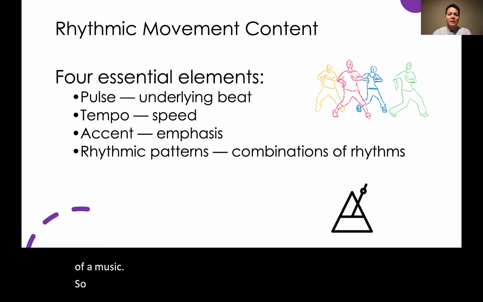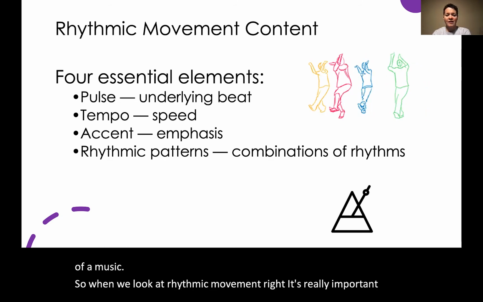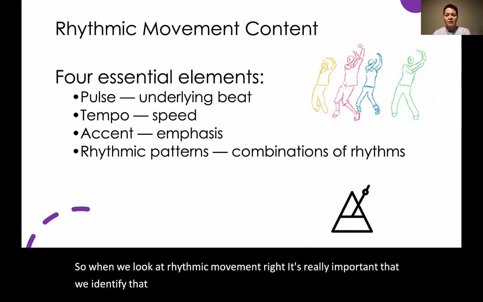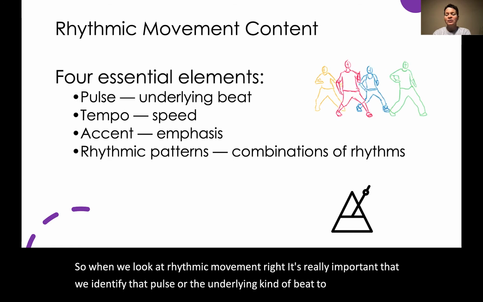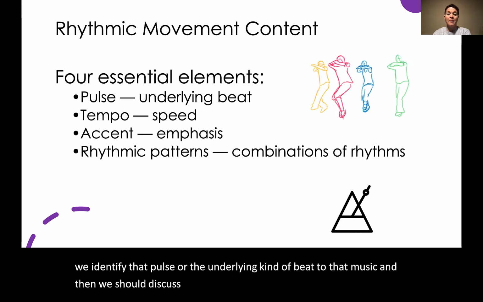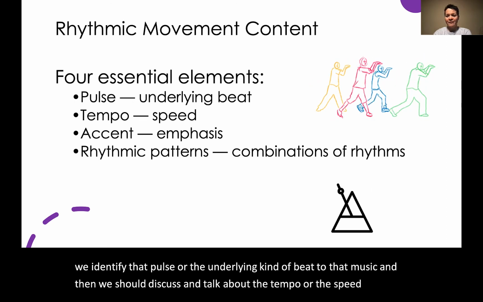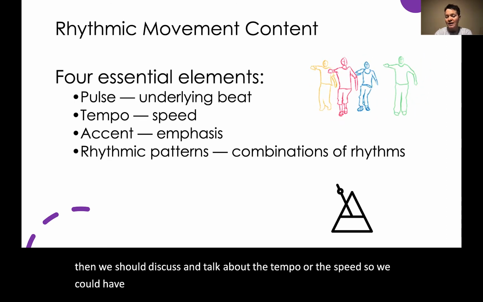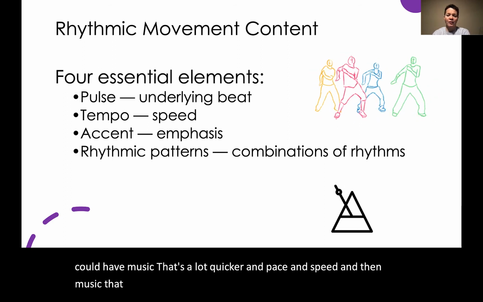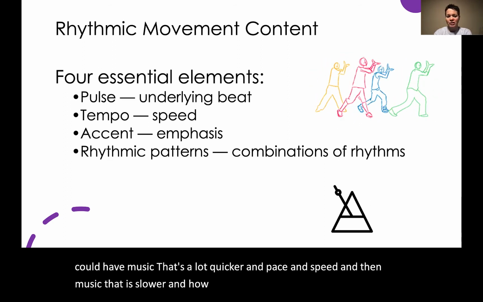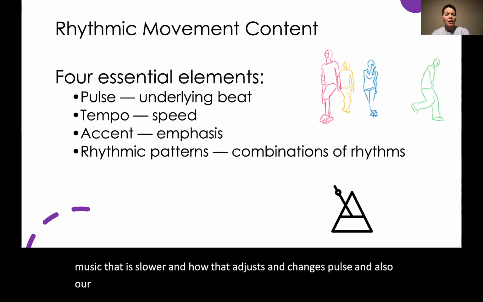When we look at rhythmic movement, it's really important that we identify the pulse, or the underlying beat of the music. Then we should discuss the tempo, or the speed. We could have music that's quicker in pace and music that is slower, and how that changes the pulse and also our movements.